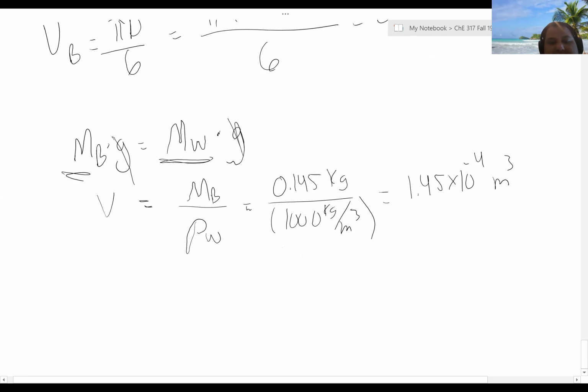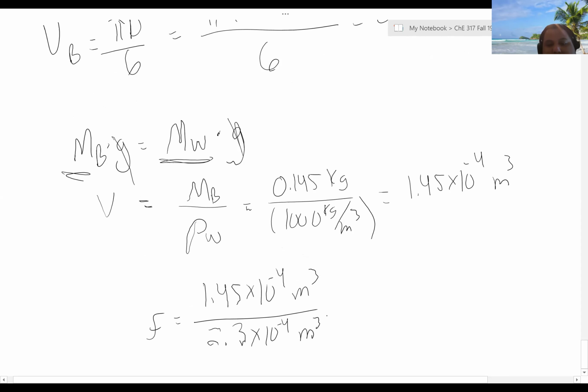And so that fraction is 1.45 times 10 to the minus 4 cubic meters over 2.3 times 10 to the minus 4 cubic meters, which should give you about 0.63, or 63% submerged.